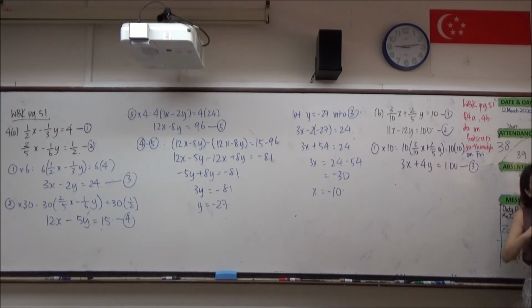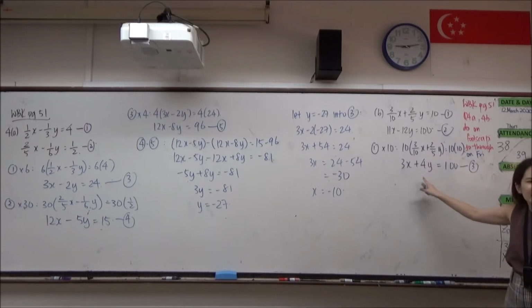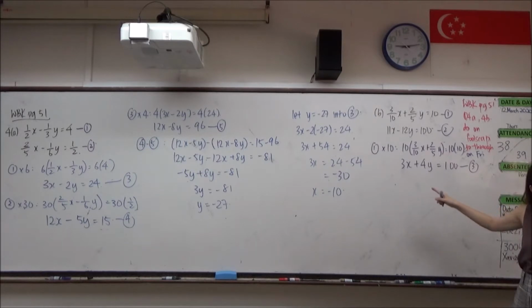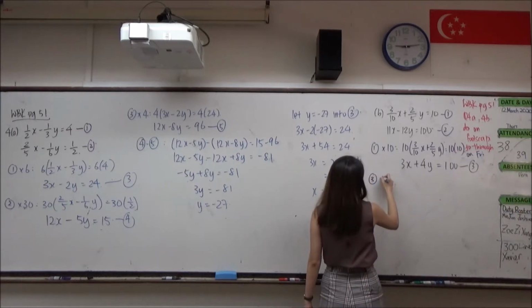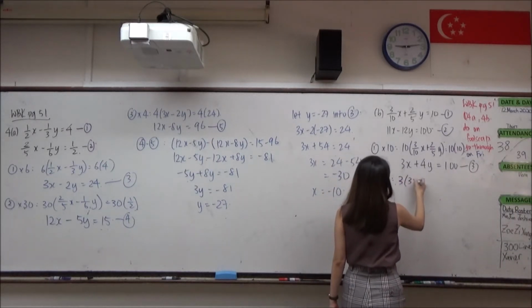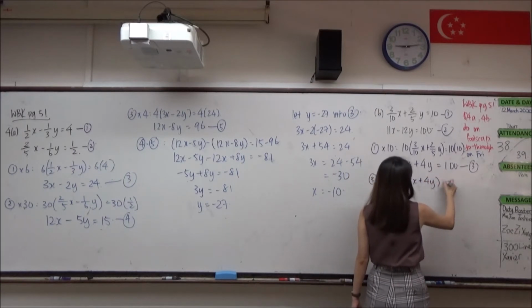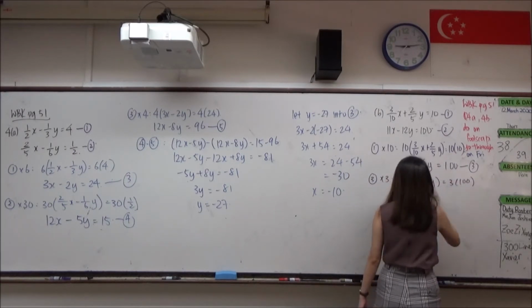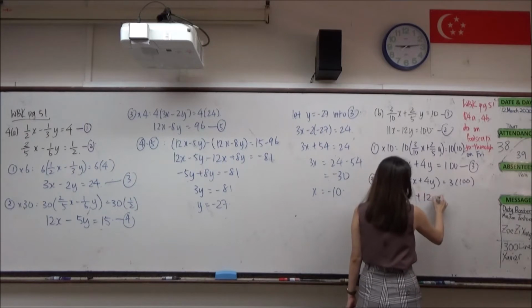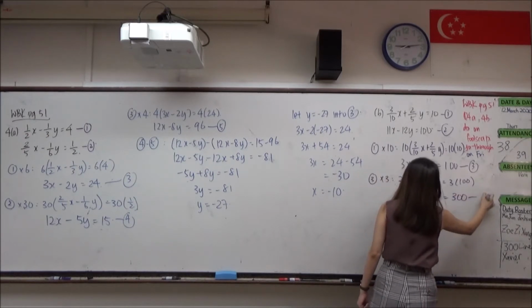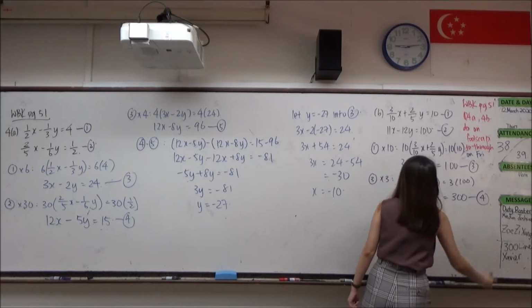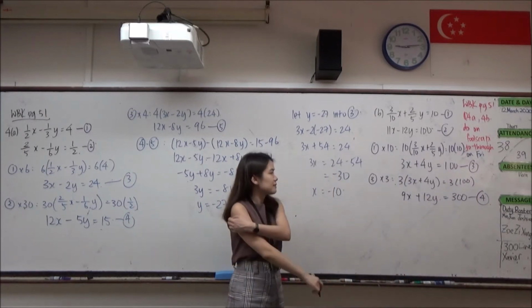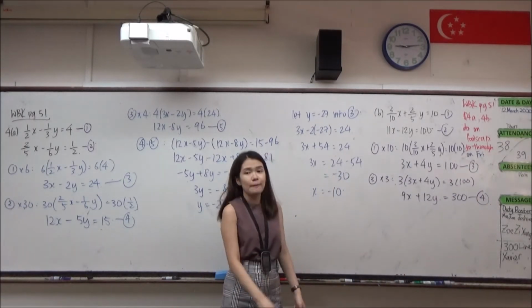Deborah? 4y times equation 3 times 3, yes. Okay, now we have 9x plus 12y equals 300.